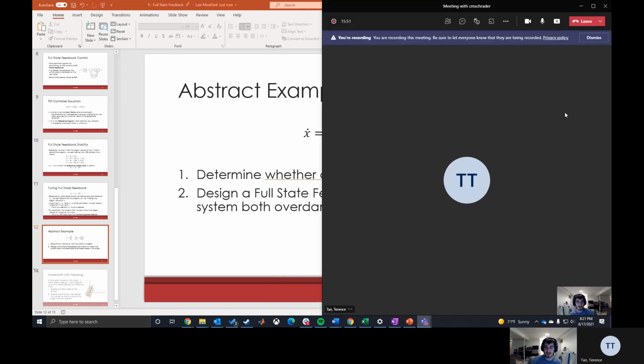Do you have a preference for how to do it? I have totally forgotten how to solve eigenvalues. Yeah, one thing you could do is analytically, using what I think is called the characteristic equation, solve for values of K to place the eigenvalues in specific locations.